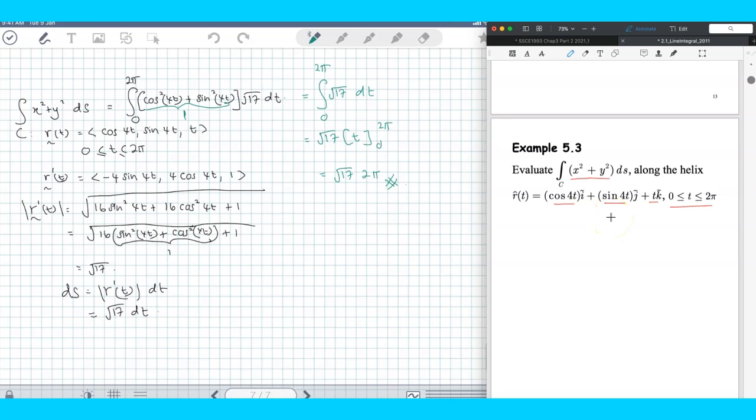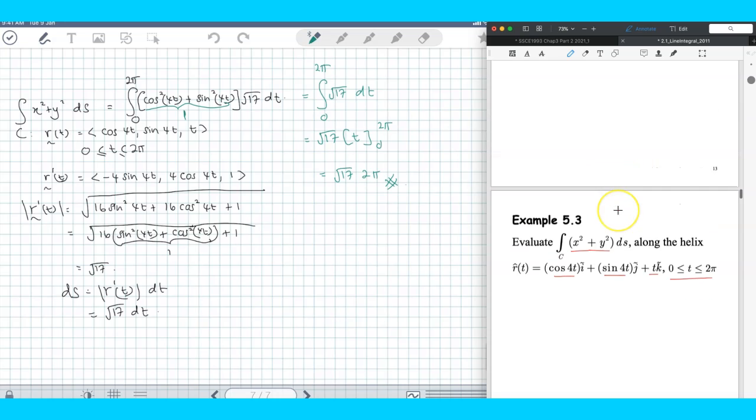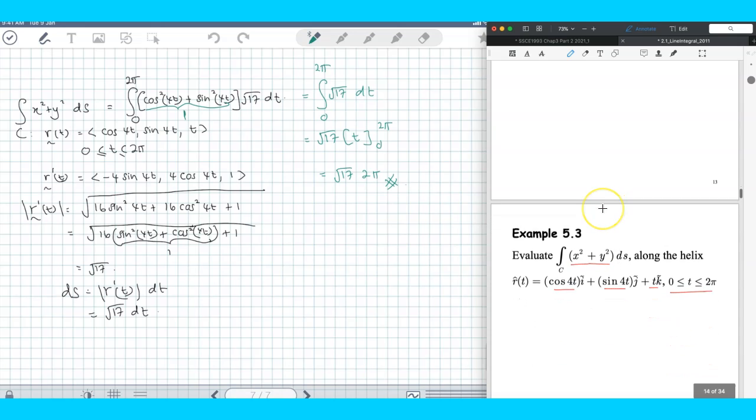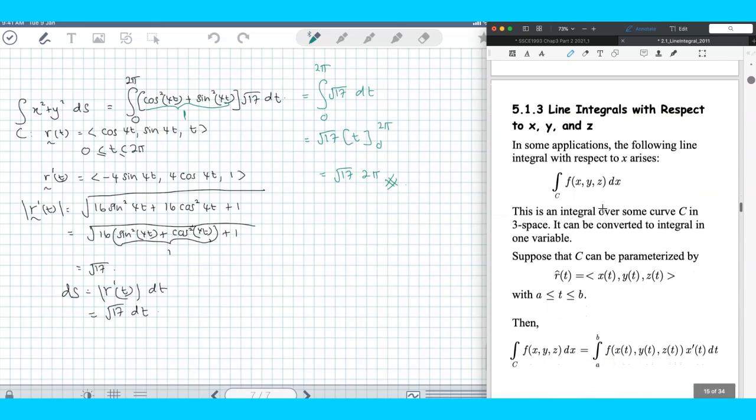When everything has to be converted into t, the information provided is in terms of the vector function, in terms of r(t). But sometimes you can just convert your line integral in terms of only x or only y.